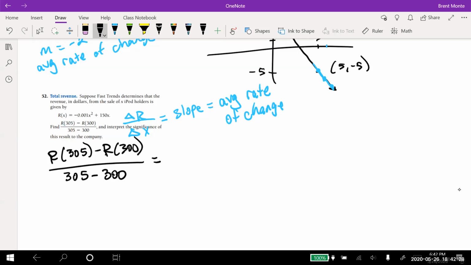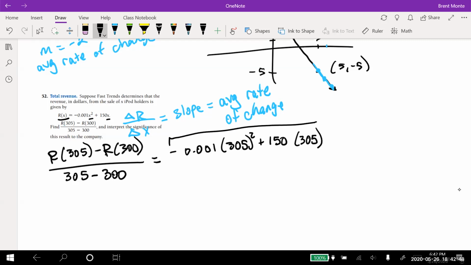So that R of 305, we go up to the function up here and we plug 305 wherever there's an x. So we get negative 0.001 times 305 squared plus 150 times 305. Okay, that whole thing is my R of 305.